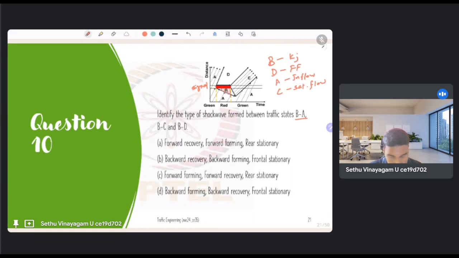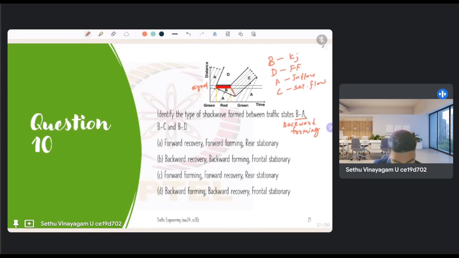What we see is that the queue keeps growing, so this shock wave keeps increasing the queue. Because the queue is forming because of this shock wave, BA is a backward forming shock wave.